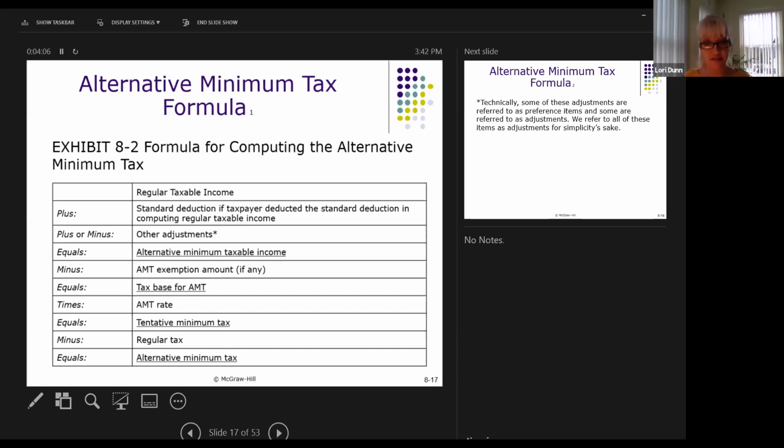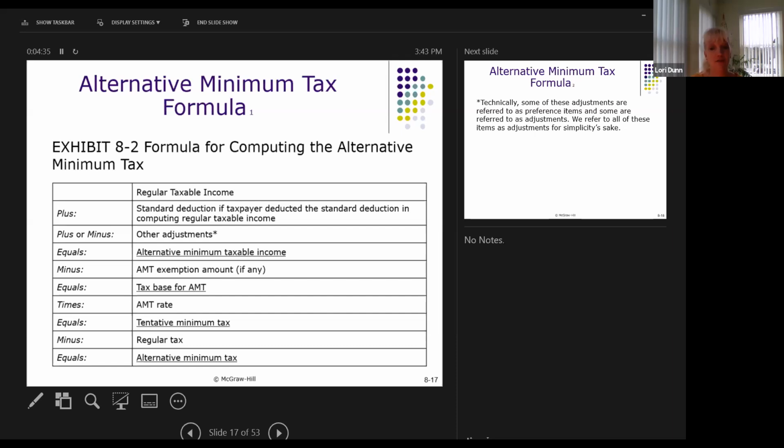All other itemized deductions are added back, except for medical. But if you were able to deduct medical expenses as an itemized deduction, remember only the amount above 7.5% was allowed, so you've got to recompute that. For alternative minimum tax, only the amount above 10% is allowed to be deducted.